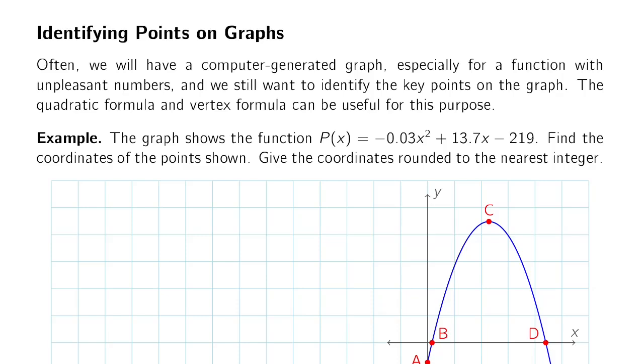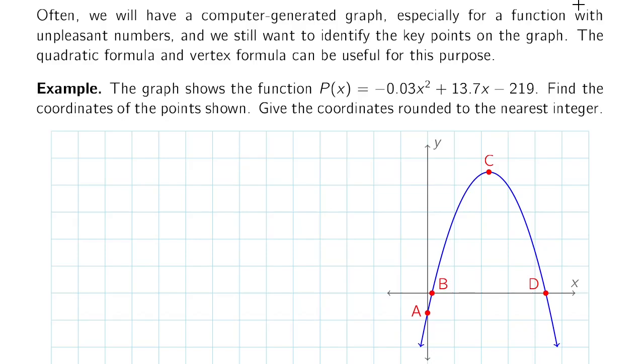But we're still going to need to know the coordinates of those key points in order to consider questions about the function. And for that, we're going to use our various formulas for working with quadratics. So in this example, we have a function with pretty unpleasant coefficients.